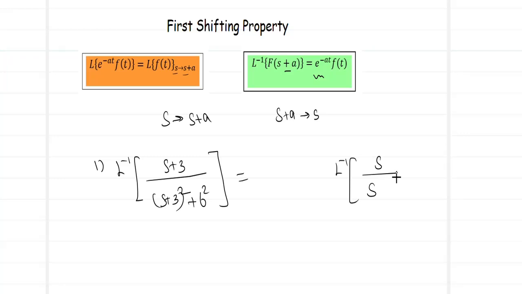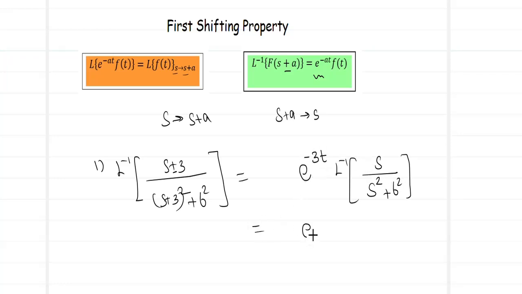So you have the whole square, so it is s square, and then you will have 6 square. Now, after shrinking, this plus 3 comes outside as exponential. Since it is plus 3, it is pushed out as e power minus 3t. Now, this s plus 3 has been shrunk to s by pushing the exponential outside.